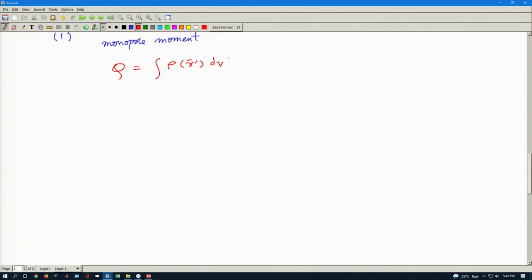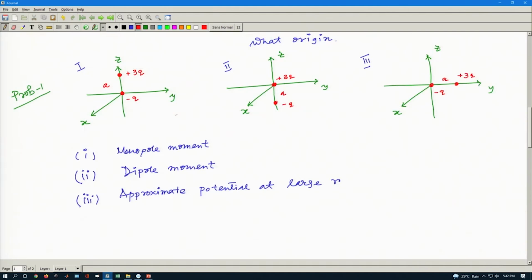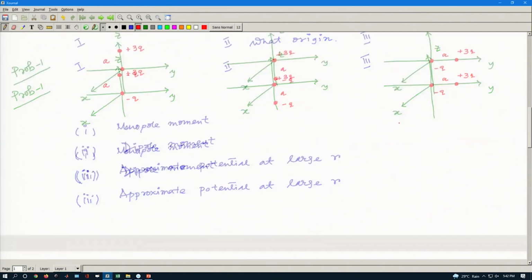This is the way it is defined, so this is nothing but the total charge. Very easily you can see that in all the cases the total charge, if you calculate, should be 2q, here it should be 2q and here also it should be 2q, because plus 3q minus q is 2q, and in all the cases these values are the same.